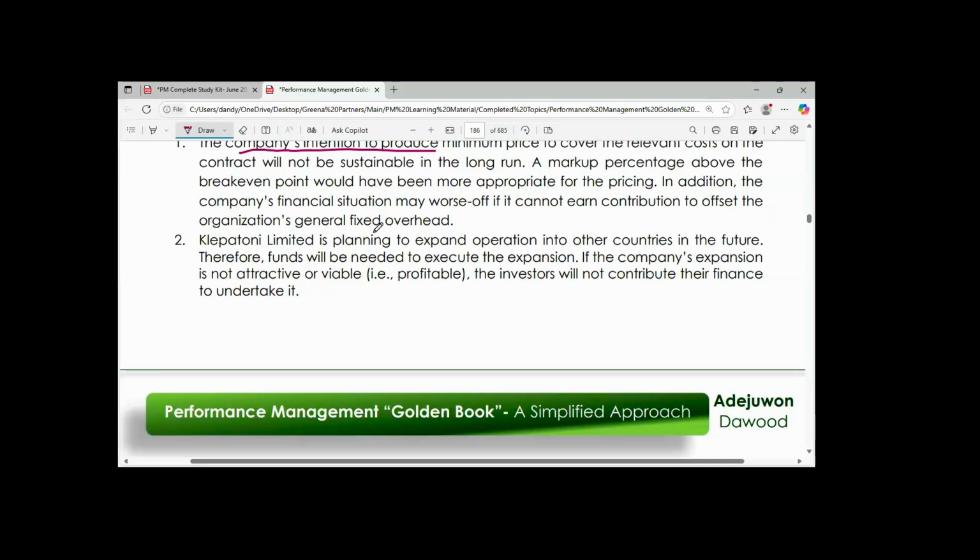Investors will not provide their money to finance your operation, and as a result the company may go out of business. So it is not a good approach to price this kind of project with relevant cost only. That is as per requirement B.